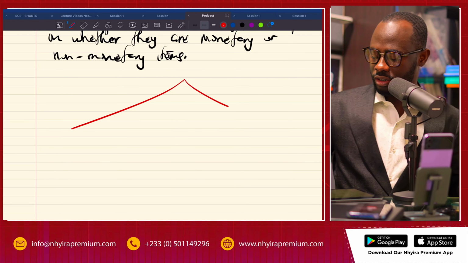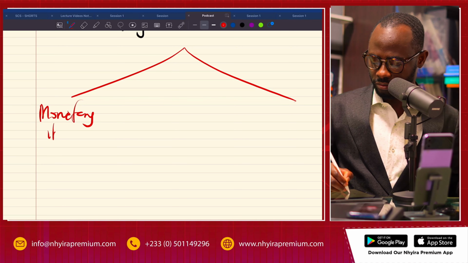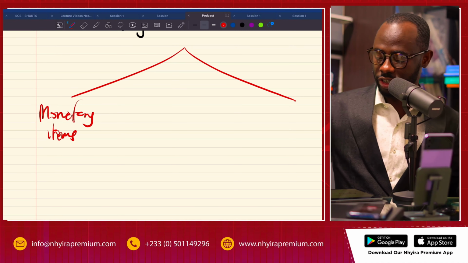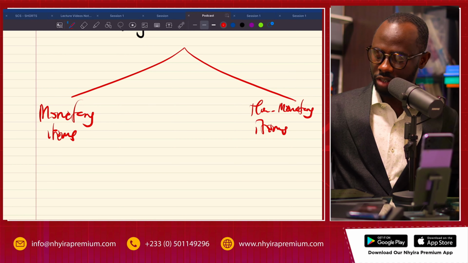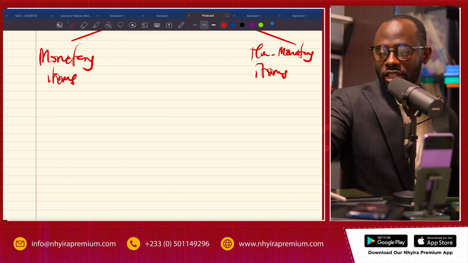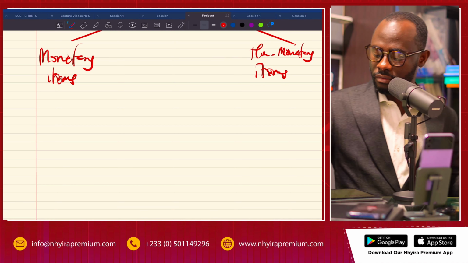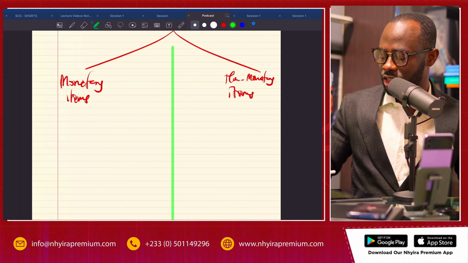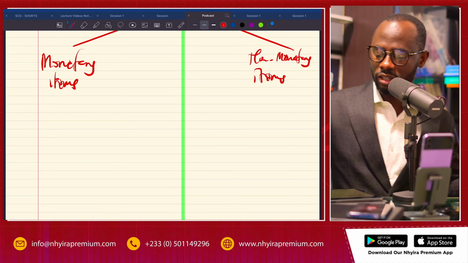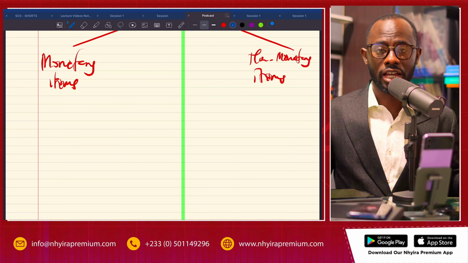So if they are monetary items, there is a way we're going to treat it. If they are non-monetary items, there is a way we're going to treat it. So let's start with non-monetary items. If it is a non-monetary item, on subsequent measurement, we just apply whatever accounting standard is to be applied in relation to that particular item.